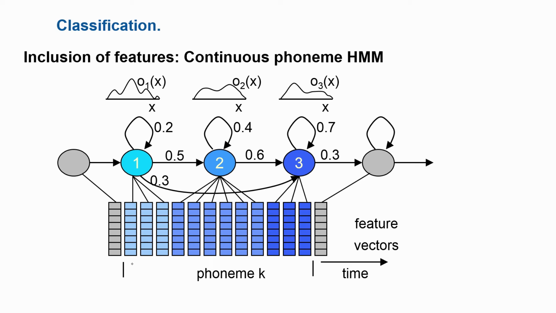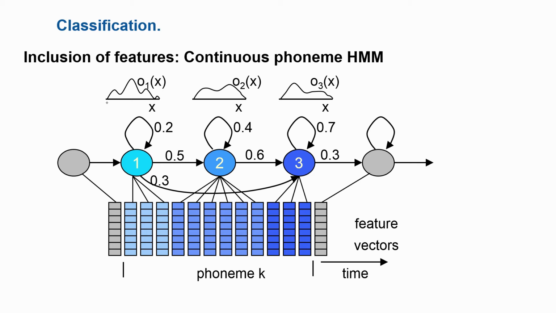So the emission probability of this state, that this state produces this feature vector, is then a multivariate probability, because this feature vector contains a number of different components, and thus we need to have a multivariate, multidimensional model of the probability that this state emits this certain feature vector. So it's usually modeled with a multivariate Gaussian probability distribution function for each of the states.